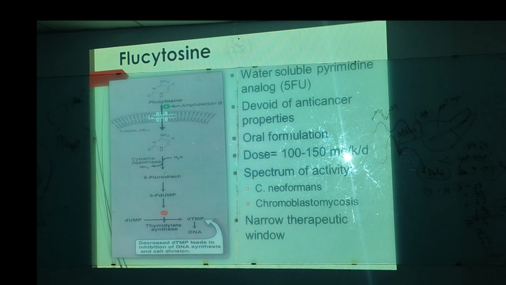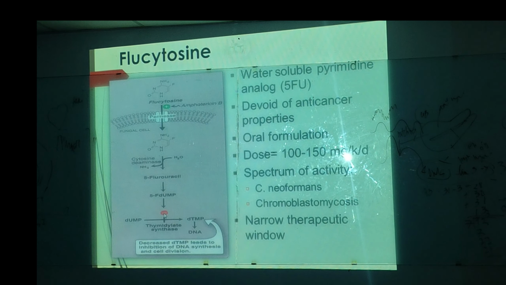And then it is converted to 5-FU by this enzyme, your cytosine deaminase, and then ultimately it will be converted to your dUMP, and this will be converted to dTMP through the action of this enzyme, thymidylate synthase.